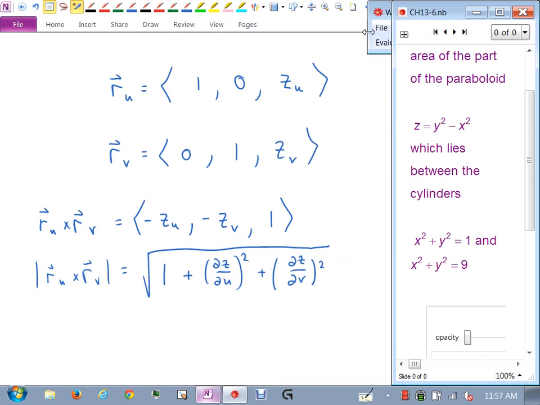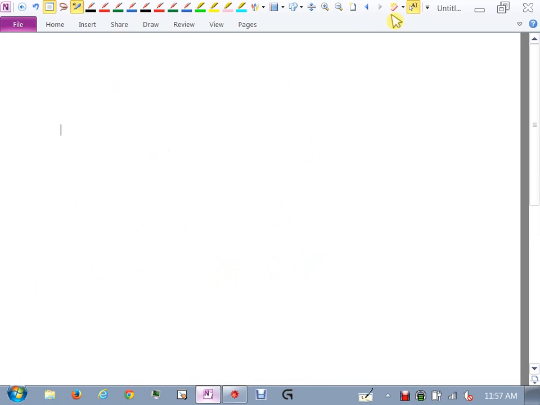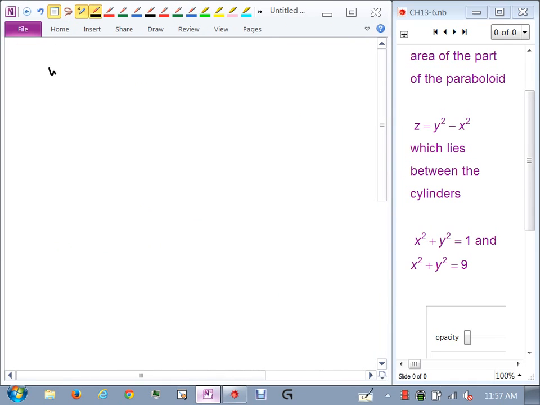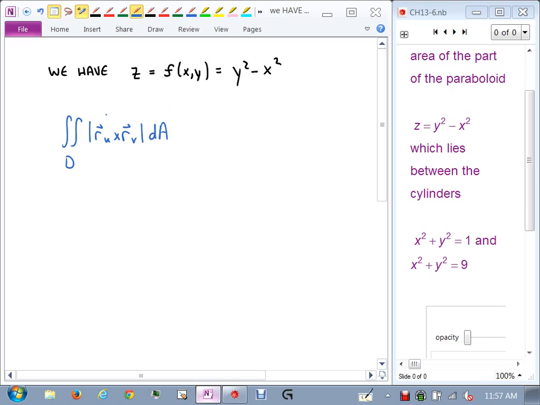All right, now I'm in that special case, so here we go. We have that z is a function of x and y, which is y squared minus x squared. Which means if I want to take this double integral over D of the magnitude of r_u cross r_v dA, which is the surface area, what I need to do is just convert that over.